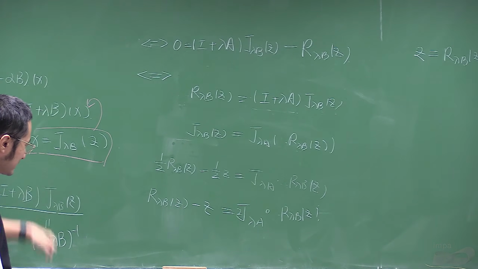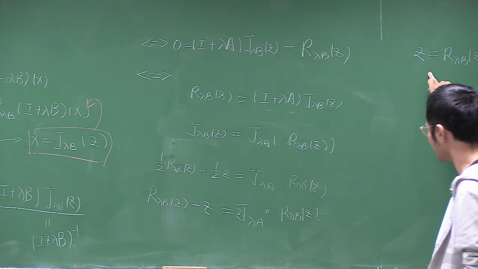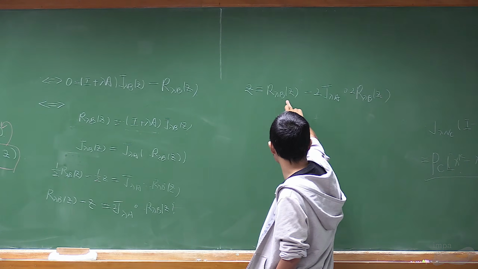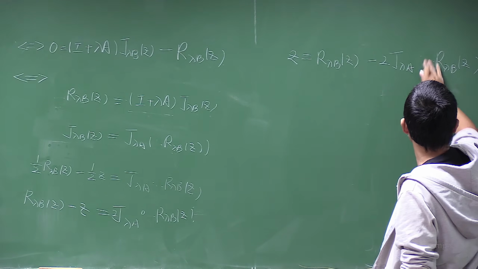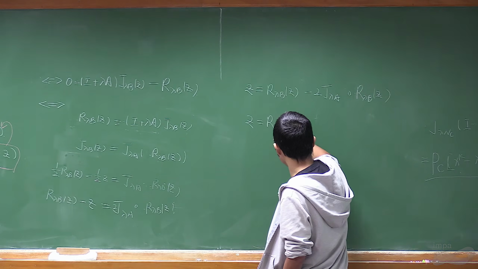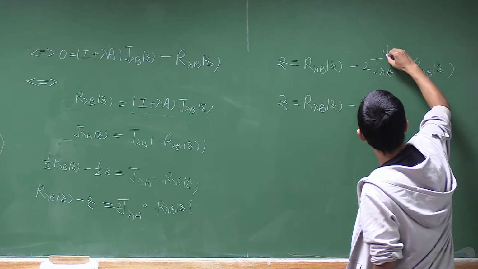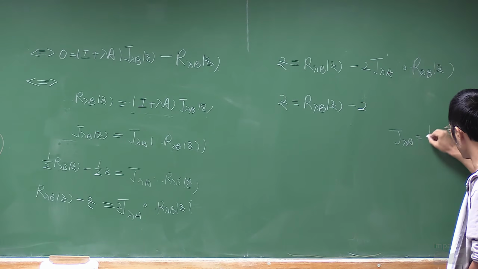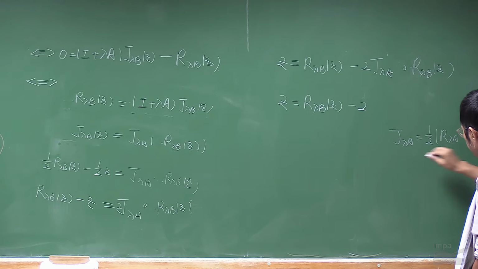Okay. So we put Z on one side. Another side is reflection of Z minus. Okay. And this is equivalent to reflection of BZ minus 2. We use that the resolvent of A equals to 1 over 2 reflection of A minus identity here.